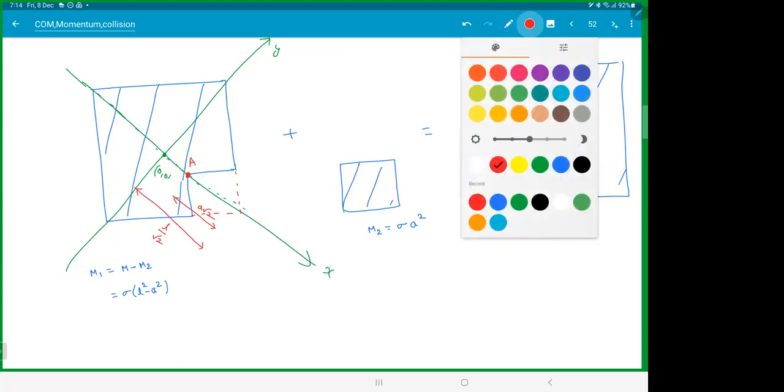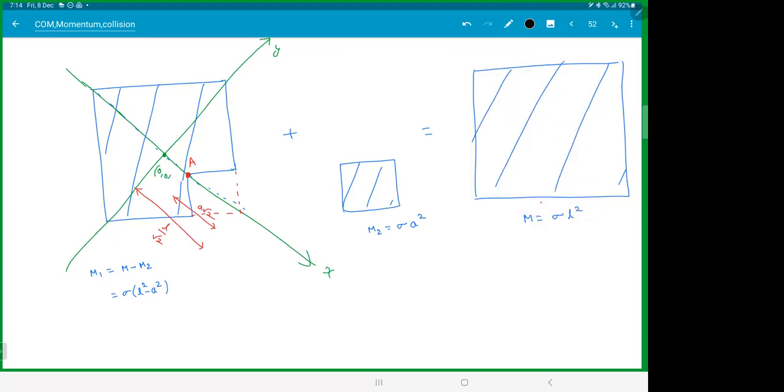That means the coordinate of this point should be L by root 2 minus A root 2, comma 0. That will be the coordinates of A. This will be the center.